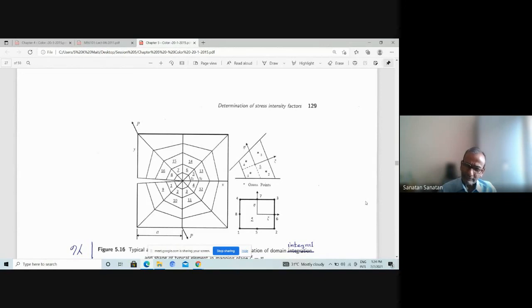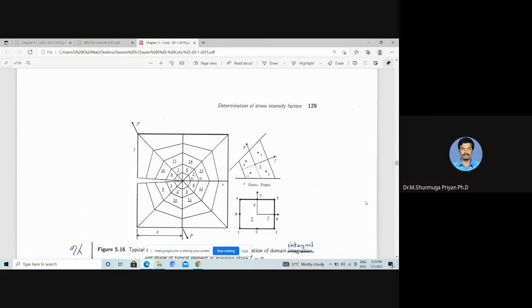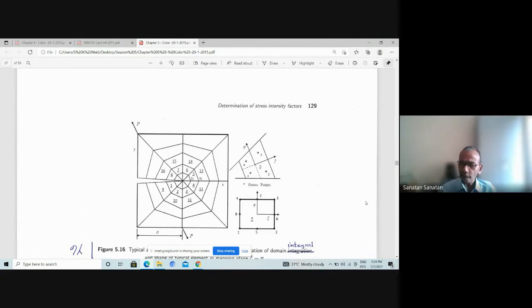So variable order singularity elements are also available. To take care of the convergence condition, people have to make use of the proper singular elements, and there are choices one has to go for. If one uses, say, a constant strain CST type of ordinary element, the convergence is slow, but by refining the elements to small sizes, one can still get a good solution with no difficulty.